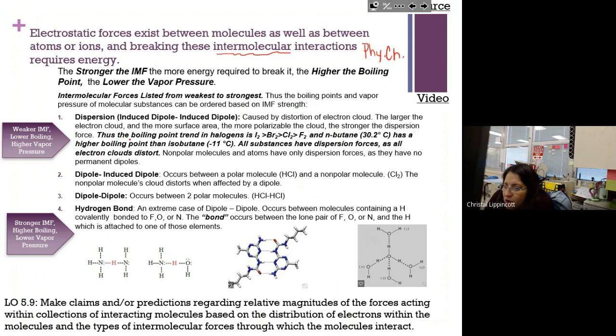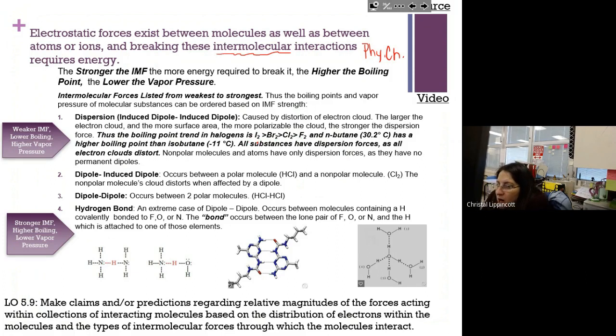So if you have a boiling point, when you look at these, this trend occurs. These are all nonpolar molecules, nonpolar bonds. Fluorine and chlorine at room temperature are gases. Bromine, same structure, is a liquid at room temperature. This guy is a solid. It all has to do with London dispersion forces.